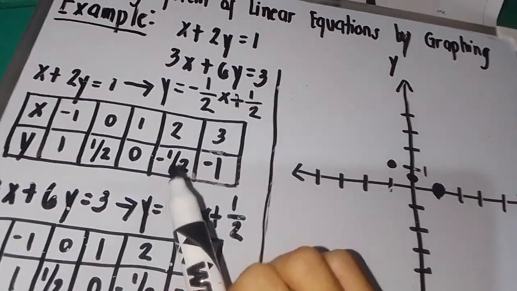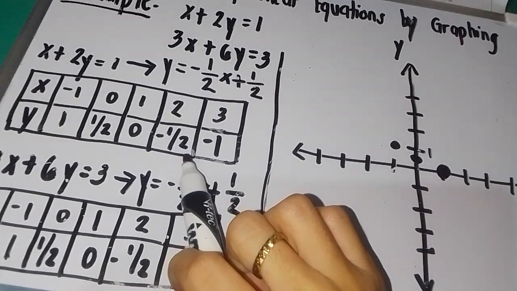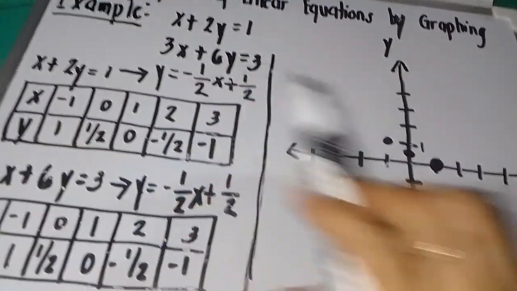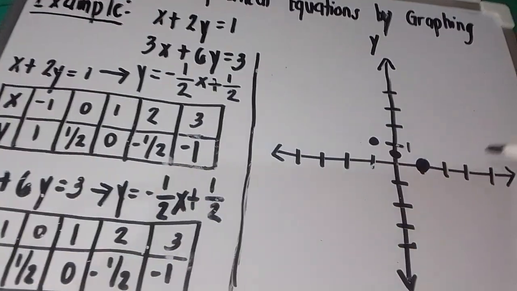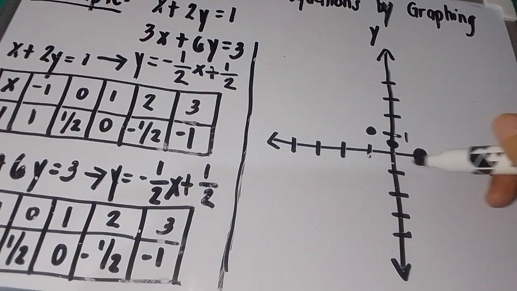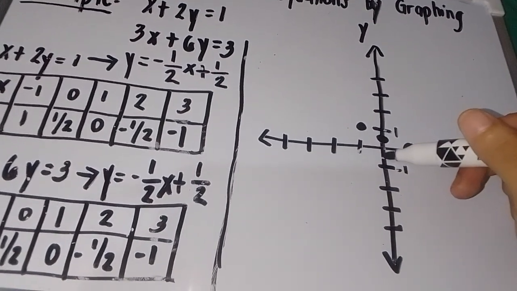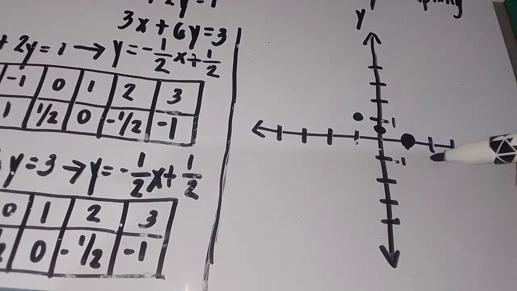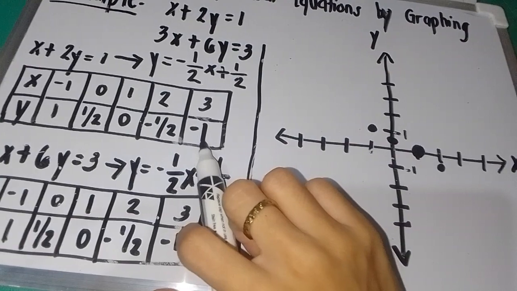Next, 2, negative 1/2 or negative 0.5. So, positive 2 is here, and then negative 0.5 going down. 1, 2, positive 2, then going down, negative 0.5. Di ra ka makabot. Kaya mo man negative 1. And lastly is 3, negative 1.